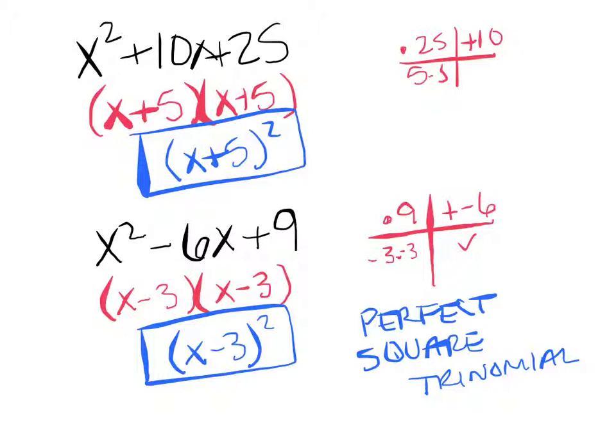You can see that the final number in the perfect square trinomials is actually that number squared, and the middle number is double that number that's in the factor. You don't have to remember this rule. You can factor, obviously, very easily using one of our other factoring methods, but I just wanted you guys to see what it was, perfect square trinomials, when it's the same factor over again.